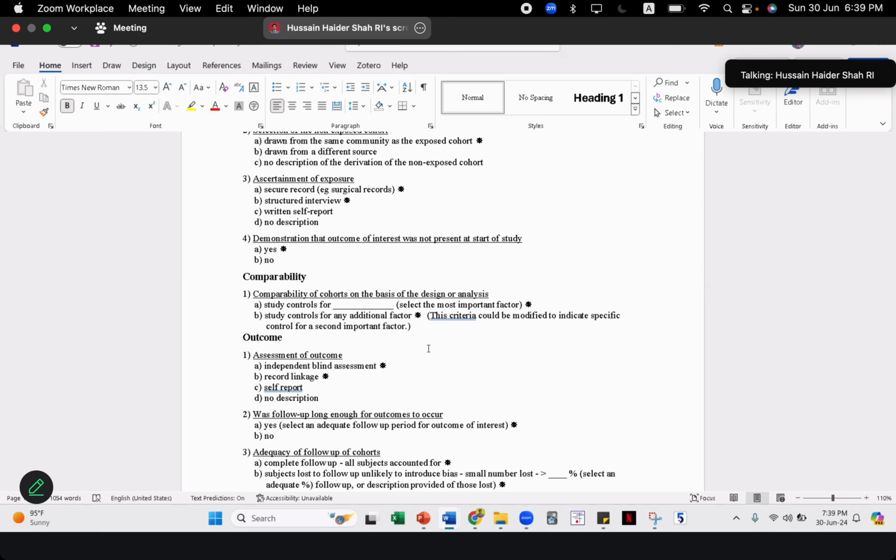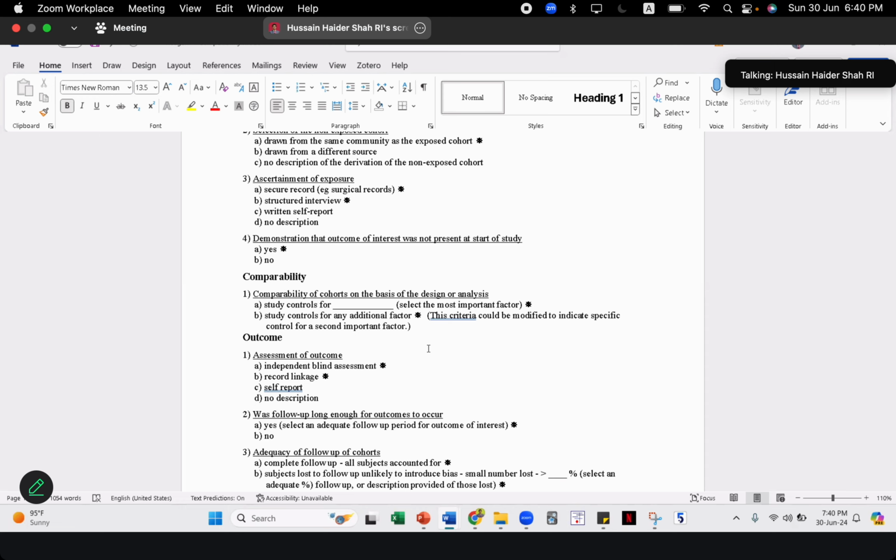So I made sure that the study has controlled the most important factor. Now if in the exposed cohort I have added men and women, and in the non-exposed cohort I have added only women, or the majority are women, this shows that I haven't controlled the most important factor of the study, and this won't get me a star.